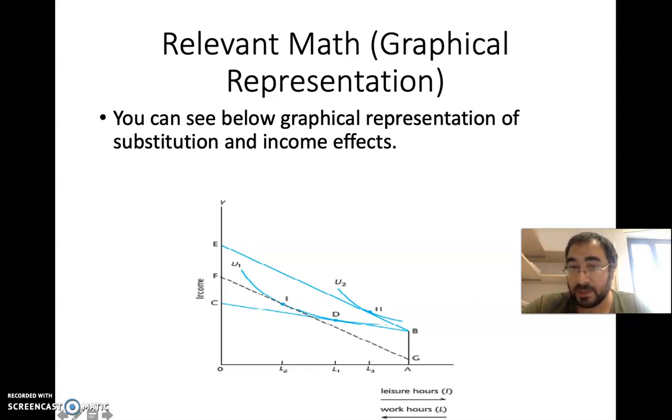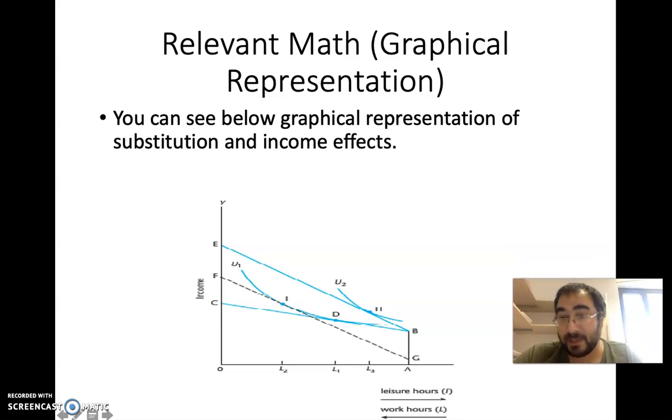It's perfectly okay to criticize the method, but I will just tell you the method itself, and it's very similar to the effect you might have seen in microeconomics when the price of a good in a two-good model changes.